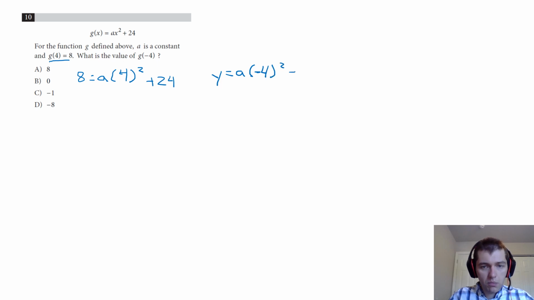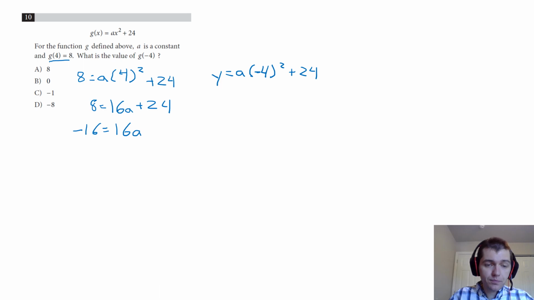squared plus 24. Okay, we'll go back and solve this equation for a so that we can plug a into our second equation. So we have that 8 is equal to 16 times a, that's 4 squared, plus 24. Subtract 24 from both sides, you have negative 16 is equal to 16 times a. Divide both sides by 16, you're left with a is equal to negative 1.